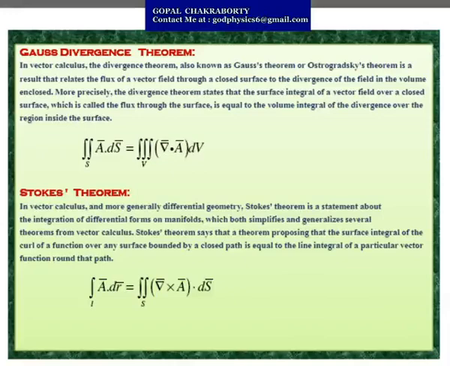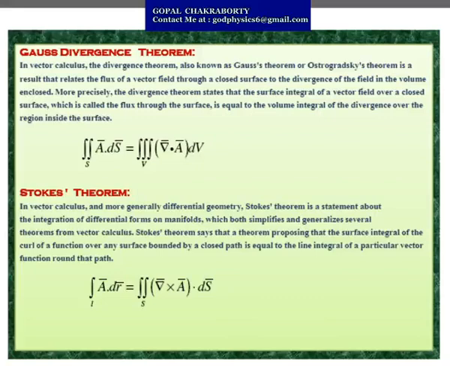More precisely, the divergence theorem states that the surface integral of a vector field over a closed surface, which is called the flux through the surface, is equal to the volume integral of the divergence over the region inside the surface. So you can write closed surface integral A dot ds equals closed volume integral del dot A dv. So that is our Gauss divergence theorem.